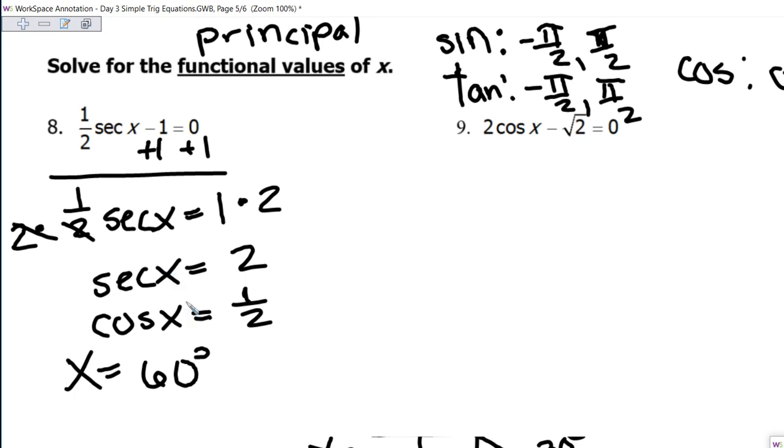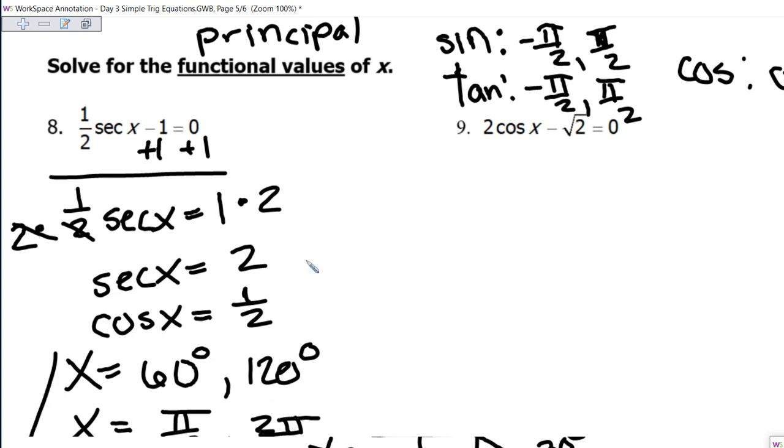So 60 degrees, 120 degrees. Now, does it say radians? No, but if we put them in radians, what's 60 degrees in radians? Pi over 3, 2 pi over 3. So if it doesn't specify, you can use either one.